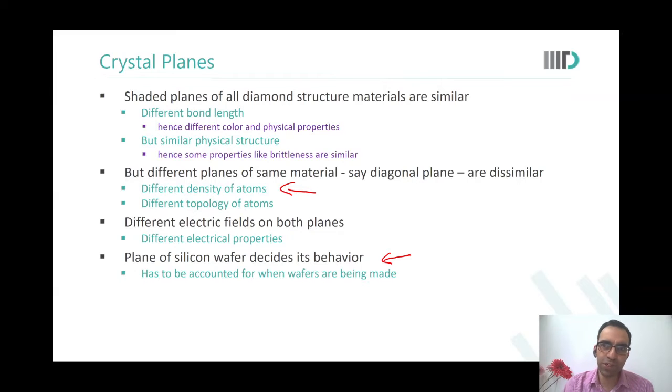Are you able to see this point? The plane in which you will fabricate your devices has to be carefully chosen. So the crystal has to be carefully manufactured. It cannot be just like the home experiments on crystallizing sugar that you did. Are you able to see this?